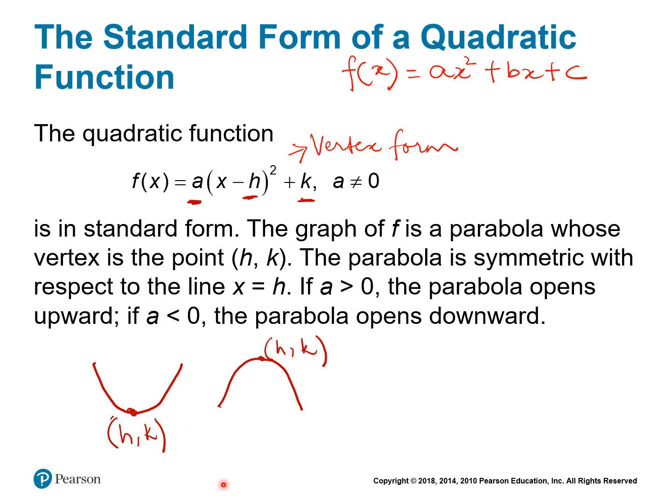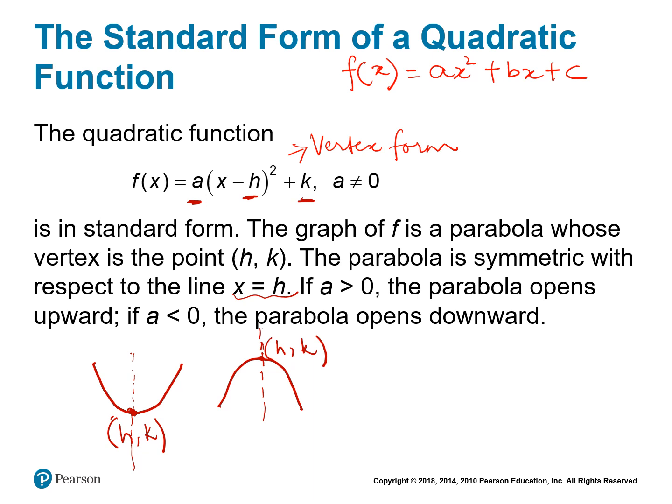That means the parabola is a mirror image of itself about the line x equals h, the vertical line drawn through h, where h is the x coordinate of the vertex.